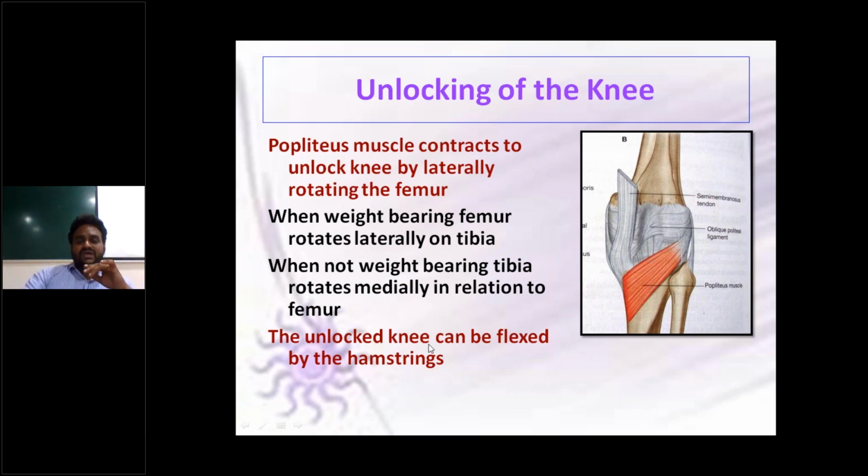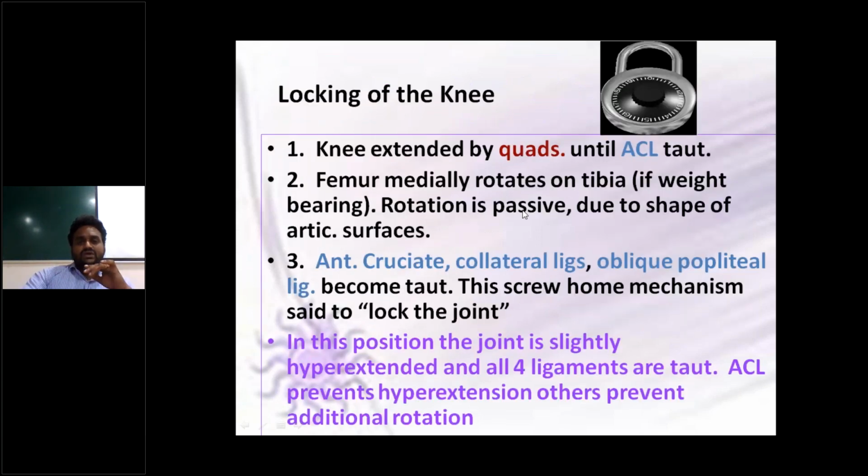This unlocked knee can then be flexed by the hamstring muscles. So these are the locking and unlocking mechanisms of the knee joint. In the locking method, the femur rotates medially, and the long axis of the femur coincides with the long axis of the tibia. In that way, weight is transmitted.